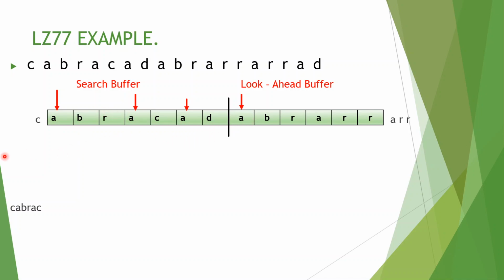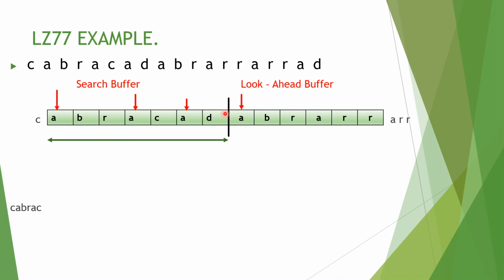So now the search pointer points out from this A, and from this search buffer to the look ahead buffer, how many symbols are there in between this distance? 1 2 3 4 5 6 and 7. So our offset is 7.